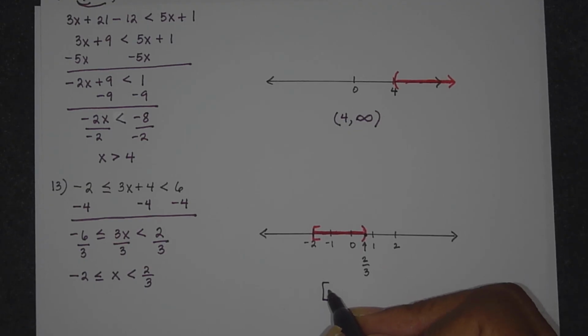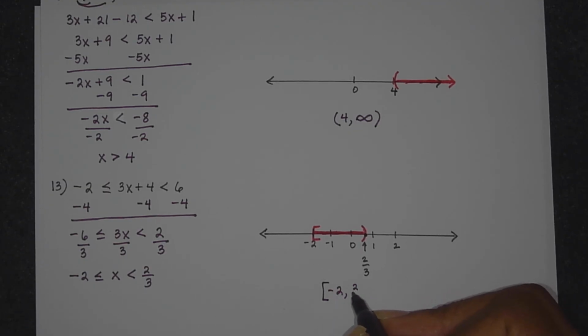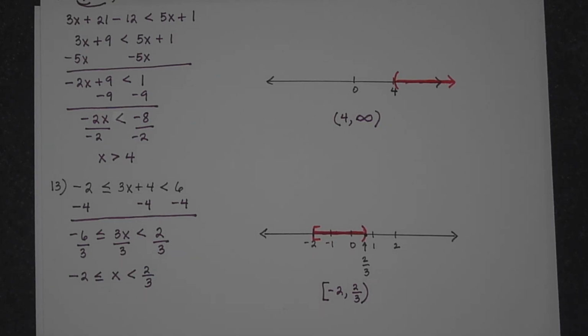A bracket for the negative 2, and then for 2/3 we use a right parentheses. So that would be the interval notation for that solution set. Negative 2, 2/3. Negative 2 is included, but the 2/3 is not. Are there any questions about problem number 13?